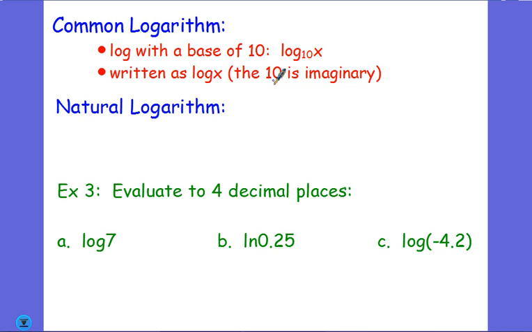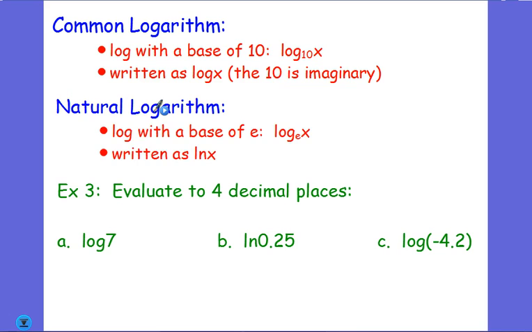The other log that's important to us is what's referred to as the natural log. The natural log is a log with the base of e. Log base e of x. And if you remember this guy, we learned about him last lesson. He was that letter that is a set number, never changes, like pi. Okay, so yes, I know it's a letter, but it's really not.